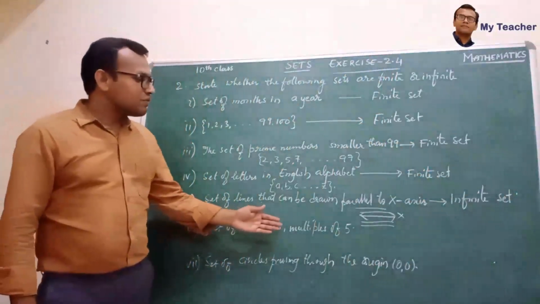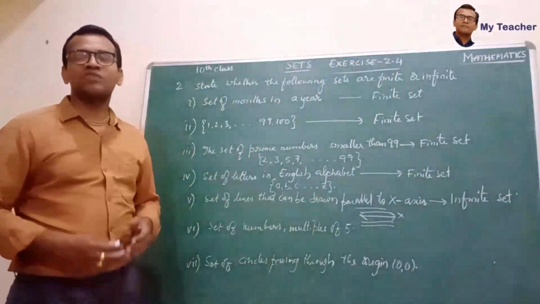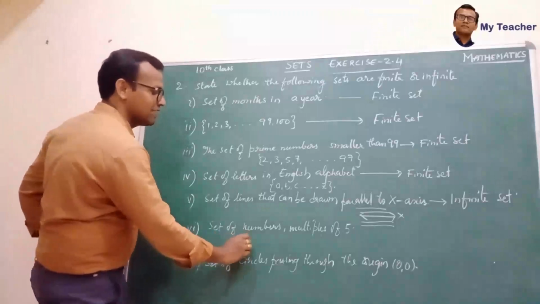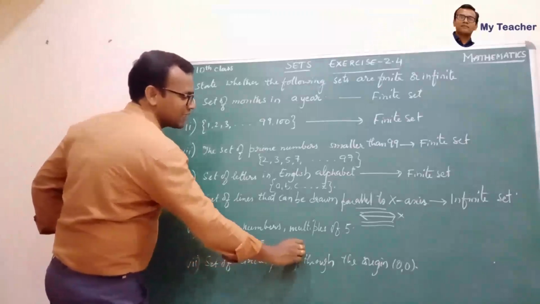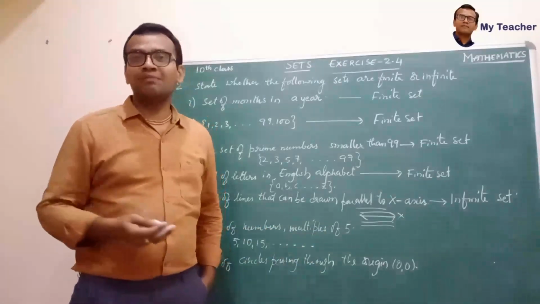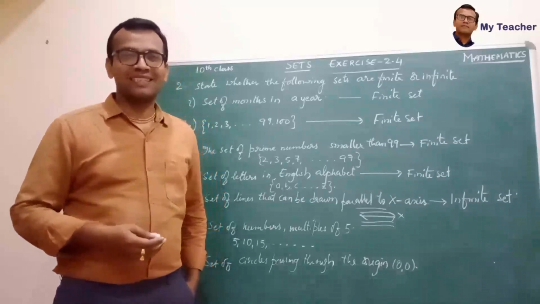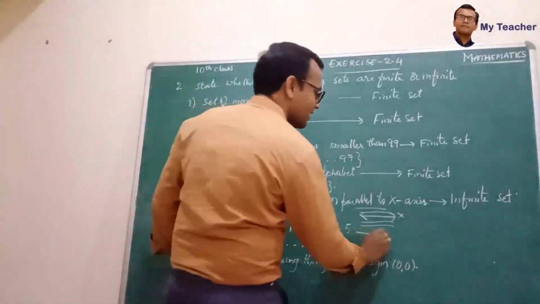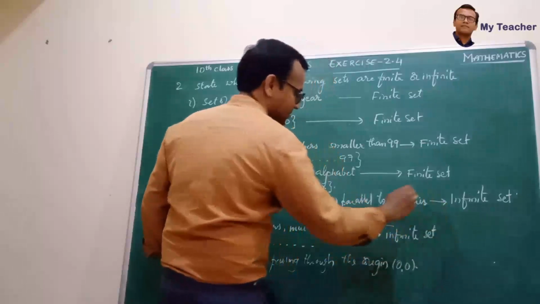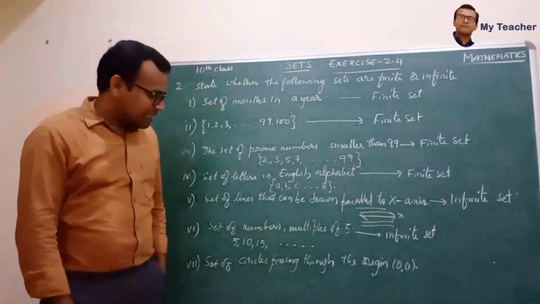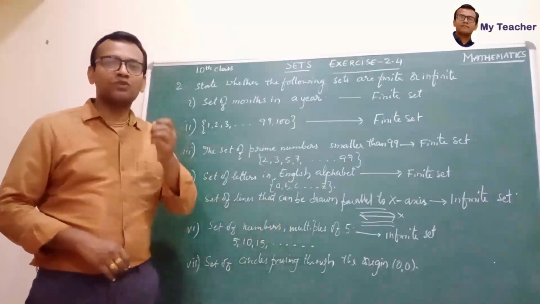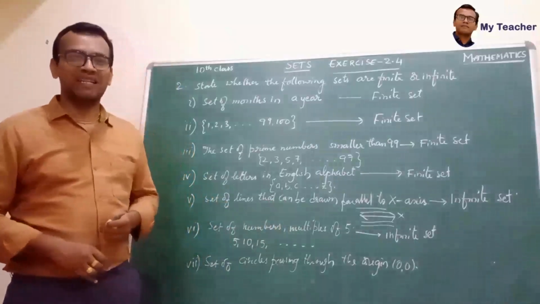Set of numbers which are multiples of 5. Children, what are the numbers which are multiples of 5? Yes, 5, 10, 15, 20, 25, 30, 35, and so on. So there are an infinite number of multiples present in this set. So it is an infinite set. Now the last one, set of circles passing through the origin (0, 0). So through a point, how many circles can pass through?